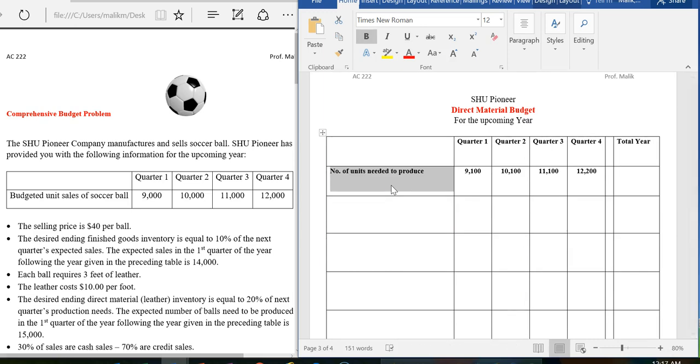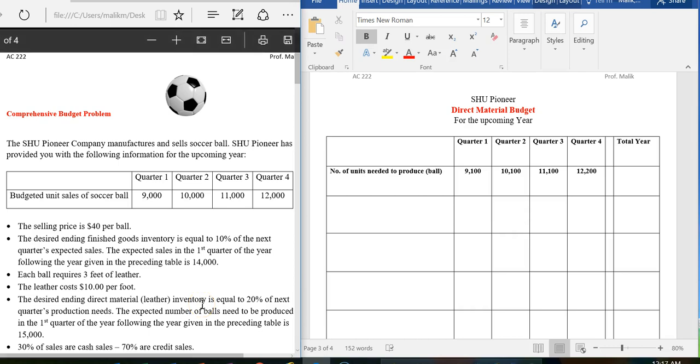Remember, these units are soccer balls, and ultimately we'll figure out the amount of direct materials. And here the direct material is leather. Now we need to check how much material we need for every soccer ball. And the information is given here.